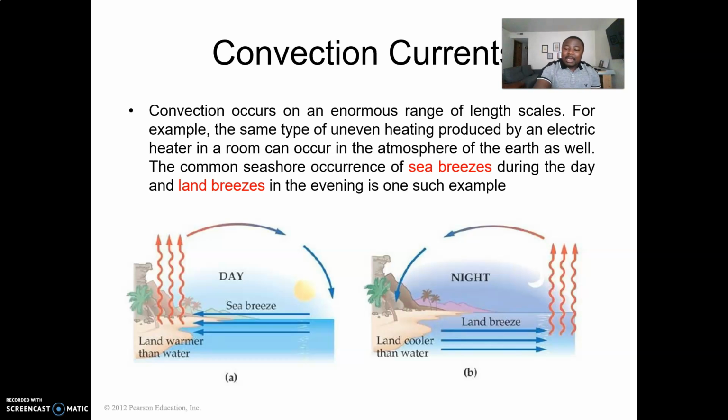As a result, the hot air over the sea rises because it's less dense, and because the land is colder, the air around the land is denser, so the air flows from the land to the sea, and that's what we call the land breeze. So during the day we have sea breeze, during the night we have land breeze.